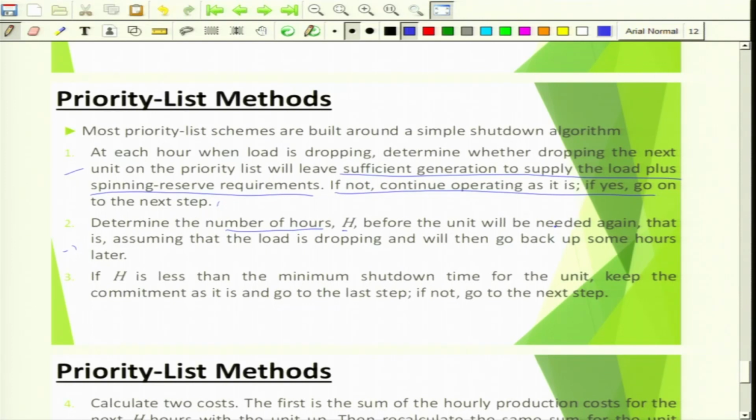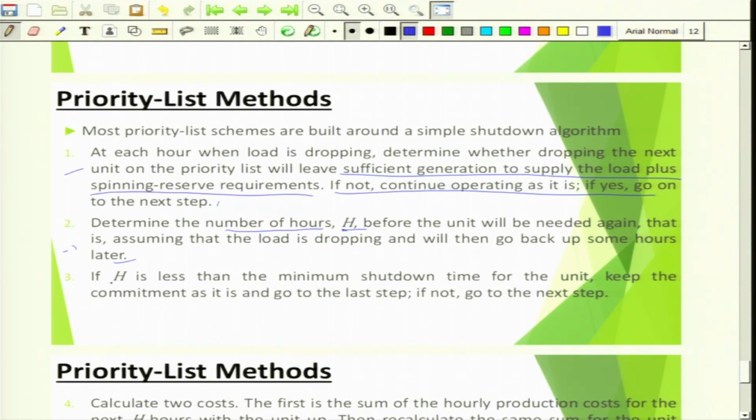If the load is again increasing, there could be a requirement of this unit which you are planning to drop, and it needs to be brought in again to meet the future load requirement. You check that, right? First you check the total number of hours before the unit will be needed again back in the system. That is assuming that the load is dropped and will then go back up some hours later, right?